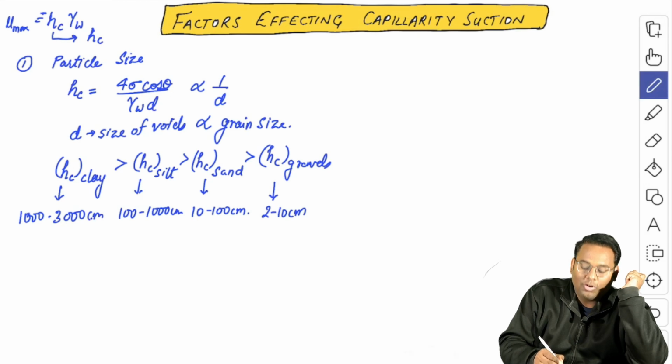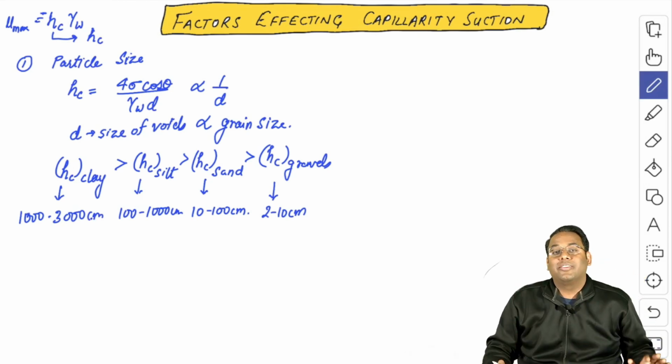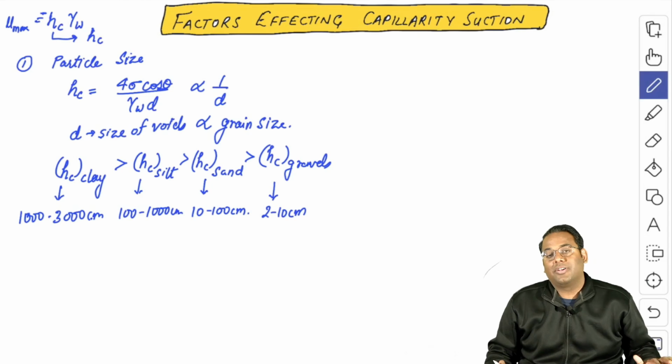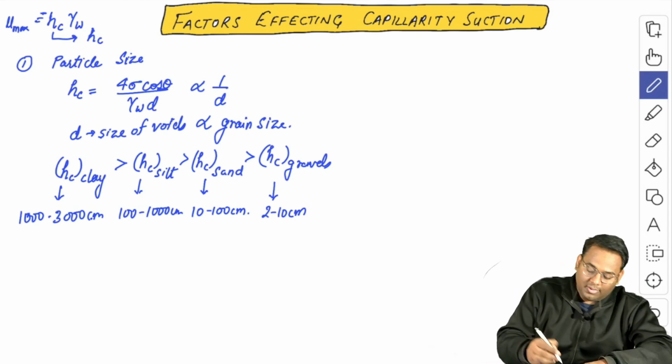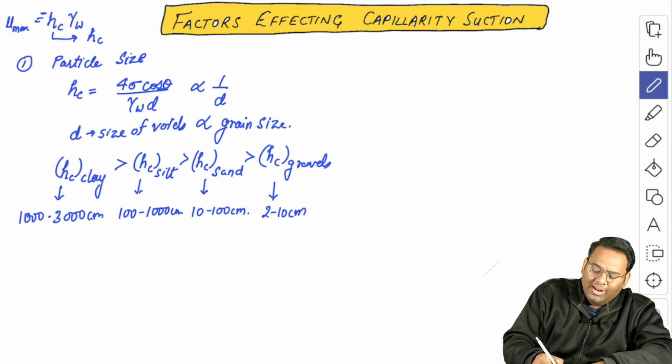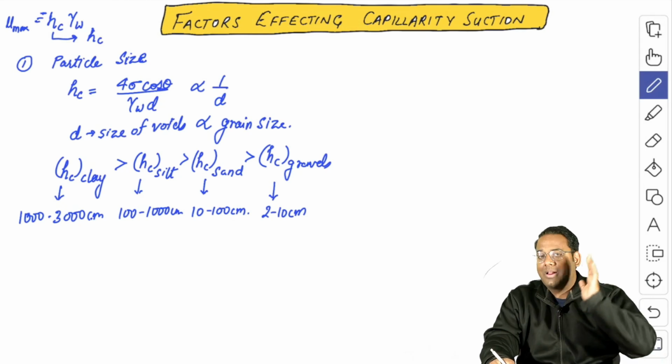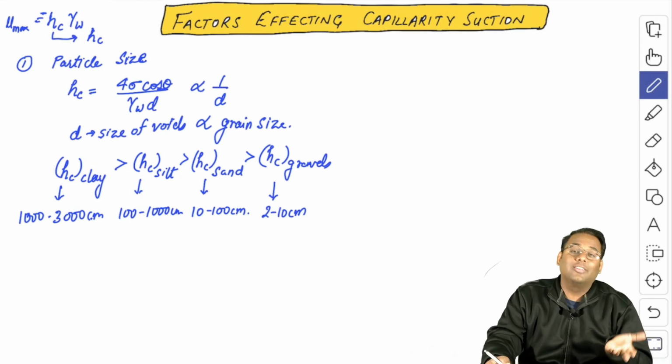These are the general capillary rise values we observe in different types of soil. So the first factor you can write as particle size, or void size, or the type of soil.